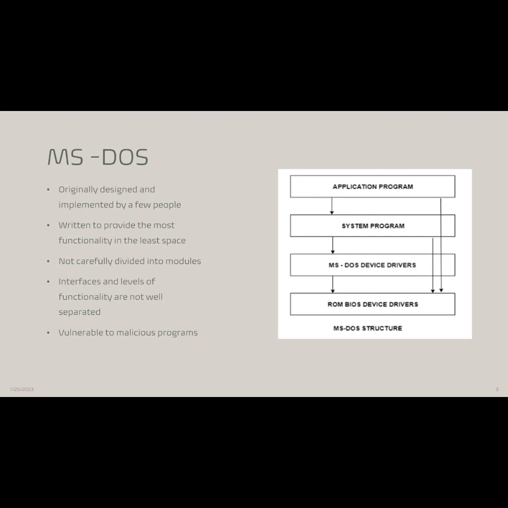For example, application programs are able to access the basic I/O routines to write directly to the display and disk drive. This makes MS-DOS vulnerable to malicious programs and will cause the entire system to crash when a user program fails.